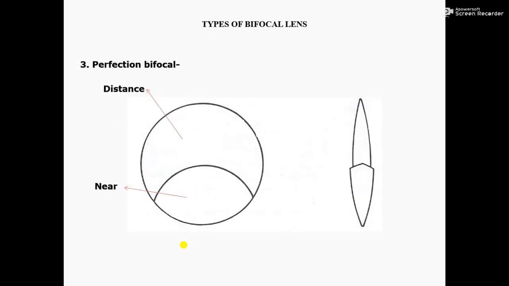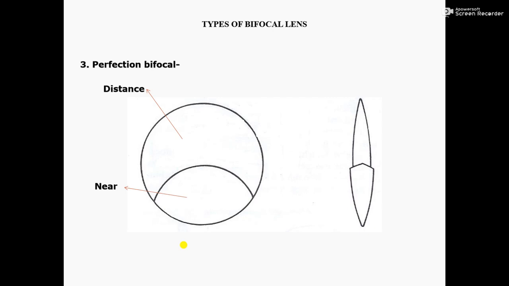Number 3, perfection bifocal. Here it is similar to the Franklin bifocal, but it was cut in such a way that the junction between the top and bottom portion was a common arc. Common arc means a curved line, part of a circle.